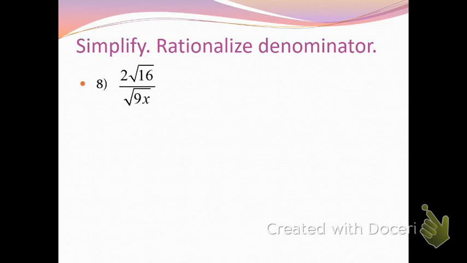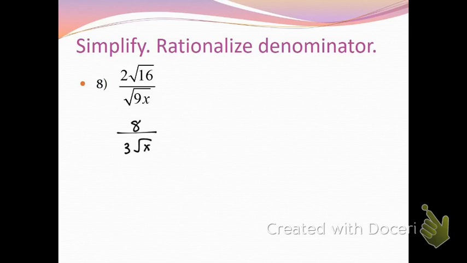Okay? So be careful here. Guys, let's simplify before you start trying to rationalize. First of all, what's the square root of 16? 4 times 2 gives me 8 over 3 square root x. Because isn't the square root of 9 3 square root x? Y'all follow me?